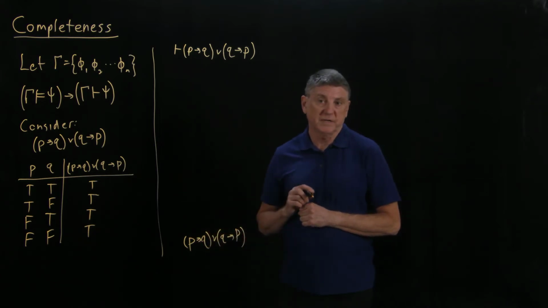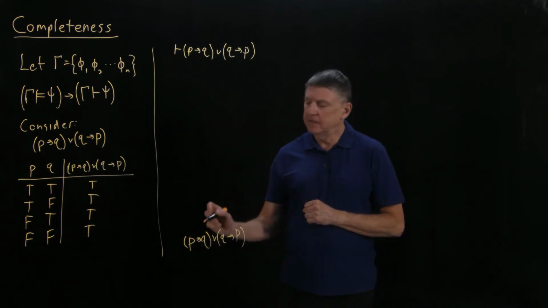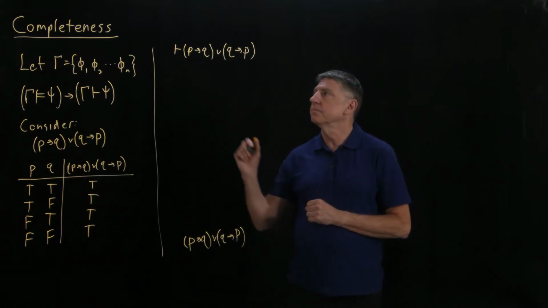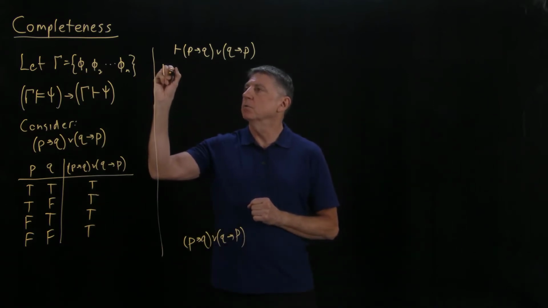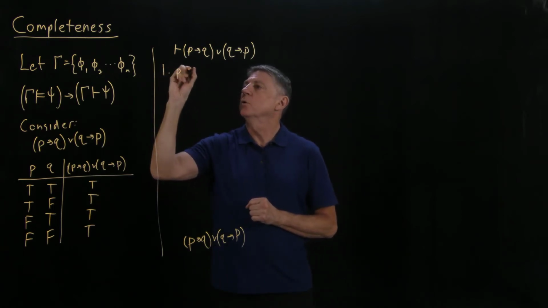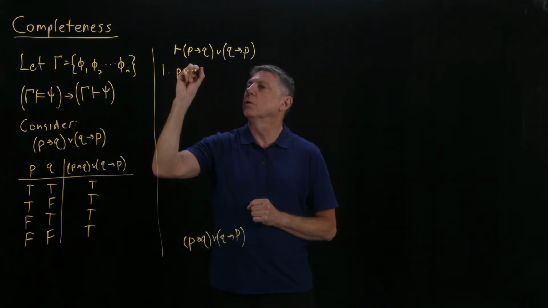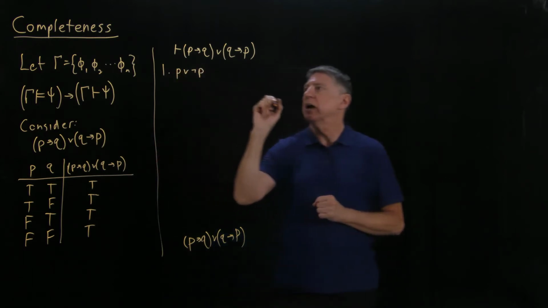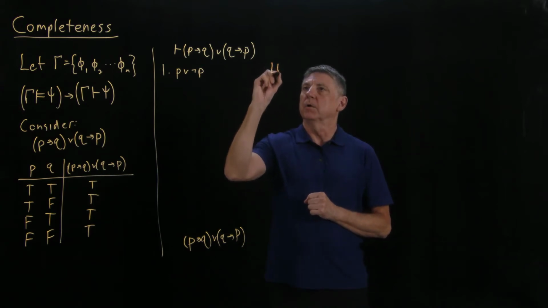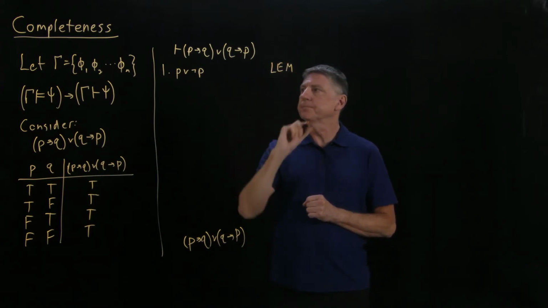We could suppose the right disjunct. Instead, let's look at the law of excluded middle applied to one of the atoms. I will arbitrarily pick P, so let's suppose we propose P or not P as our first statement, and that would be from the law of excluded middle.